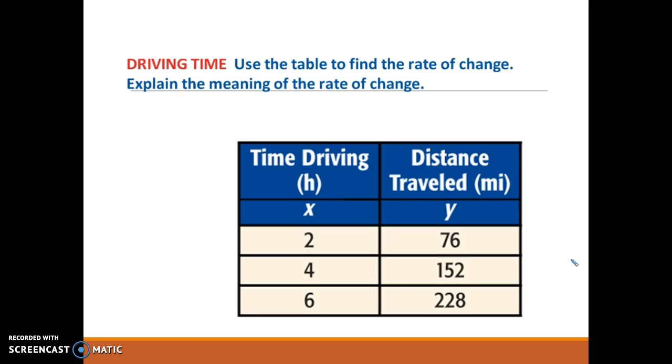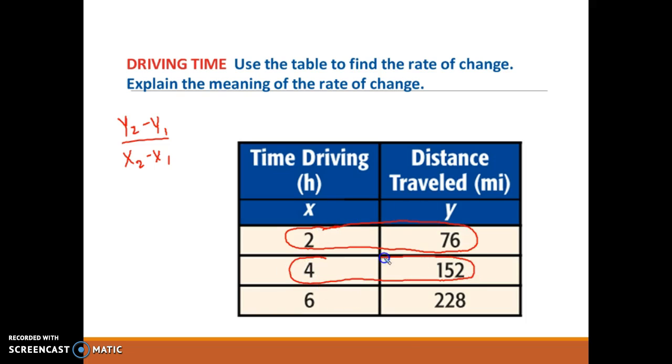All right, so using this table, I want to find the rate of change and explain the meaning of that rate of change. Well, I know my rate of change is going to be the change in y, so I have y2 minus y1 over the change in x, x2 minus x1. So I'm just going to pick an x1, x2, y1, y2 from my table.